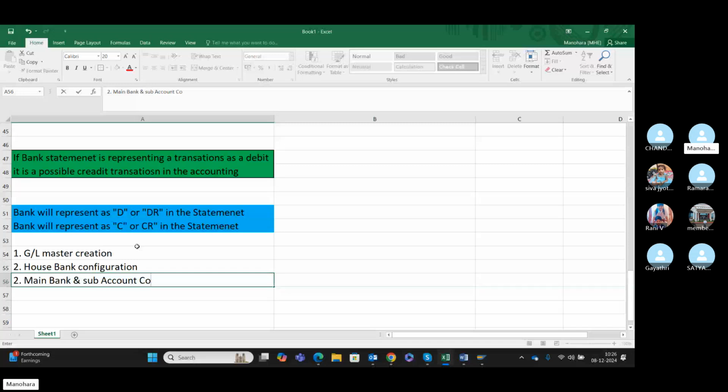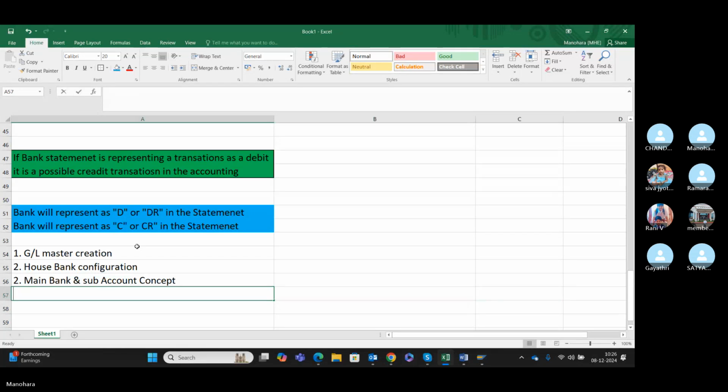Okay, fourth point, vendor payment. How does vendor payment happen, whether it's a manual payment or APP, automatic payment, whatever it is, based on payment, based on invoice.